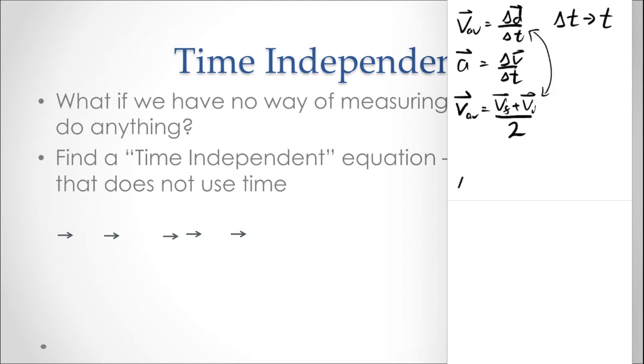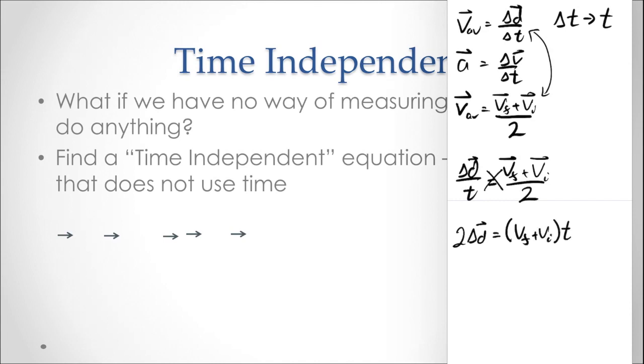As before, we will start by combining our two velocity averages equations. Here we can see that the displacement over t is going to be equal to our final velocity plus our initial velocity over 2. By cross multiplying, we can see that 2 times the displacement is equal to Vf plus Vi times t.